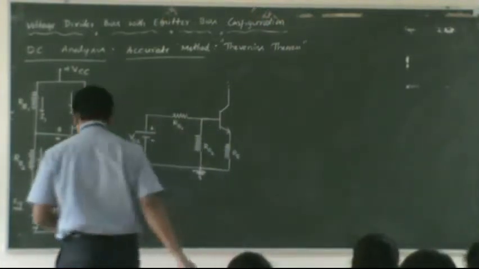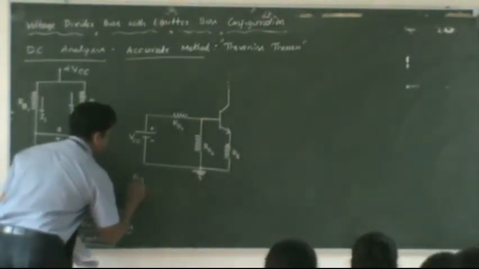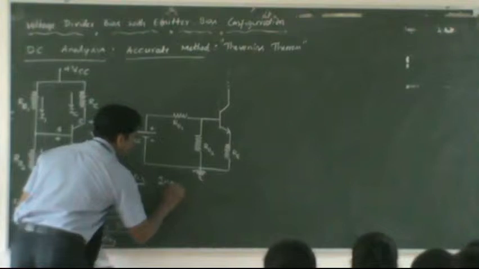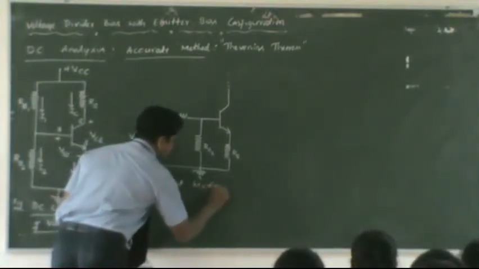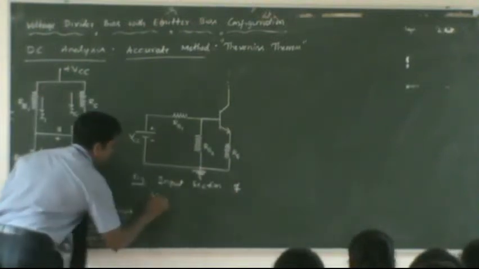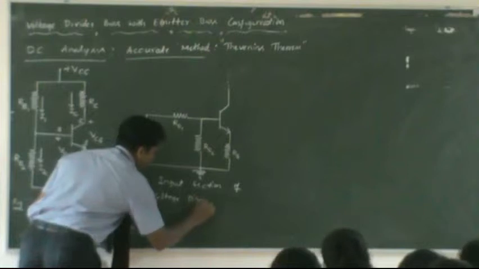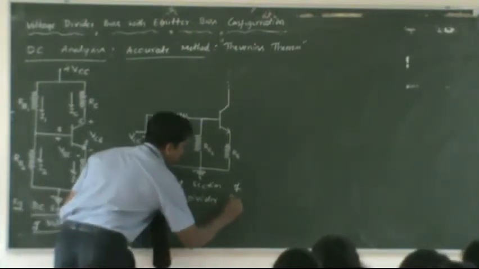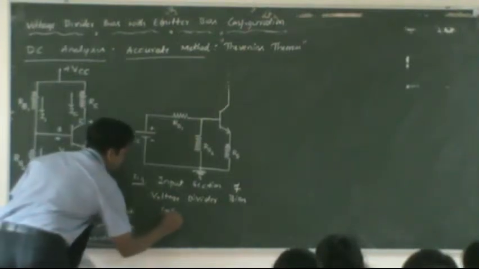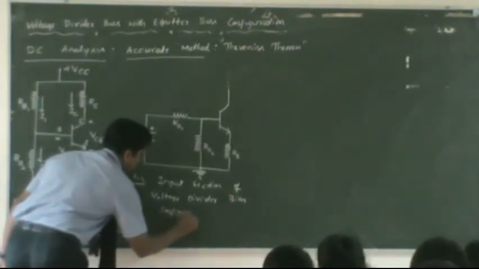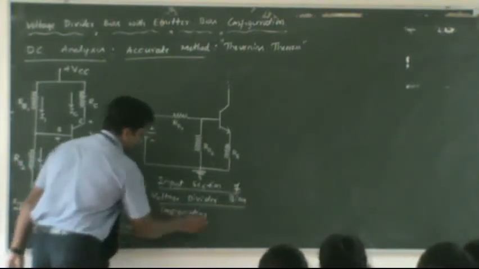Let us give a name to this figure, which represents the input section of the voltage divider bias configuration of the circuit.